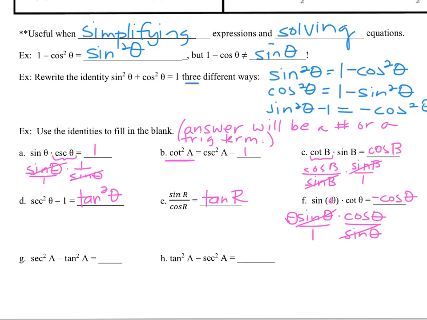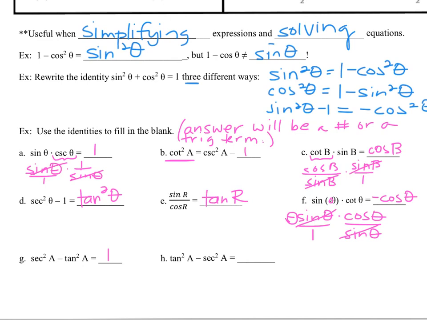All right, watch what happens here. Secant squared A minus tan squared A. Well, anytime we see something being squared, that should bring your eye to the Pythagorean identities. If I have secant squared and tangent squared on the same side, that means I move tangent over by subtracting. The only thing that's left on that left-hand side then for the Pythagorean identities is 1.